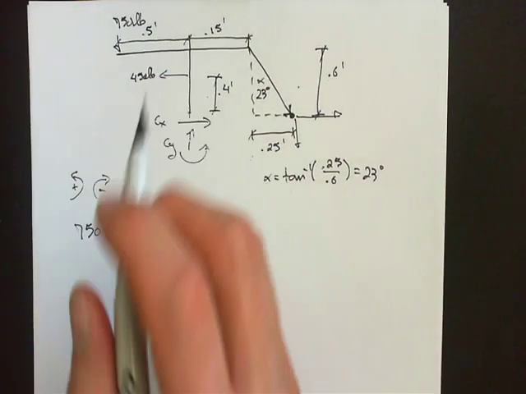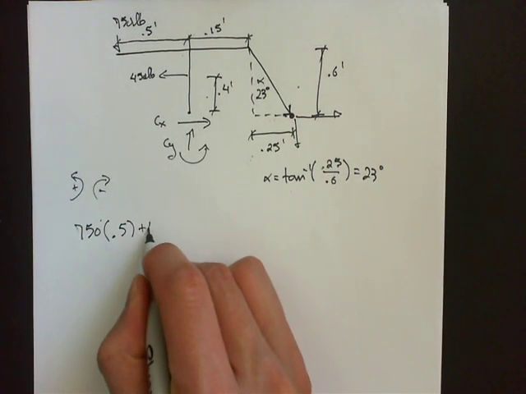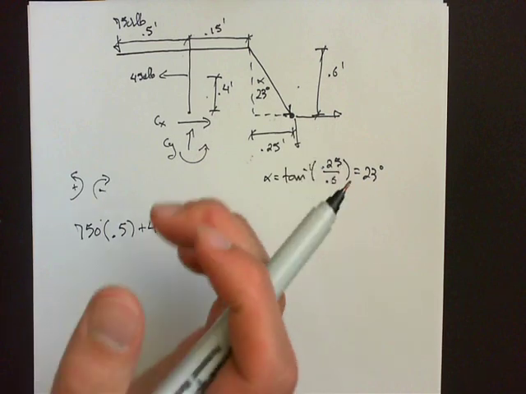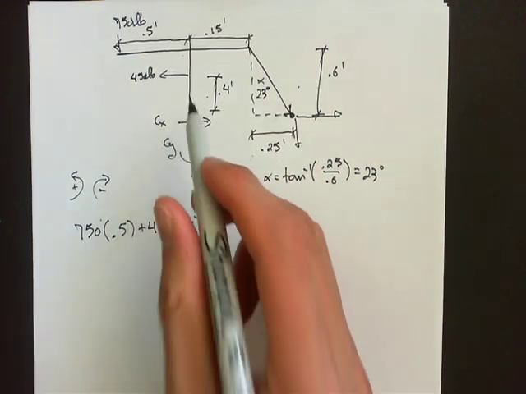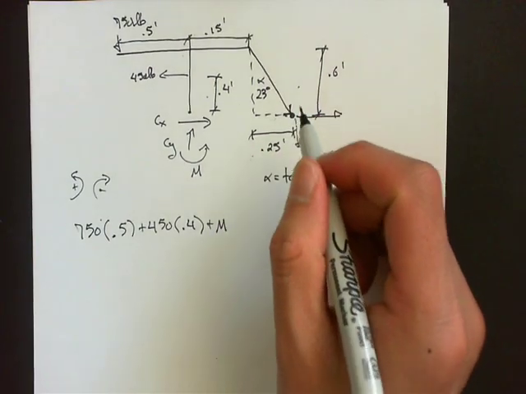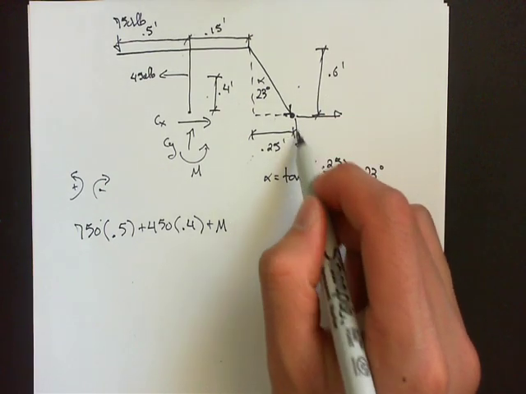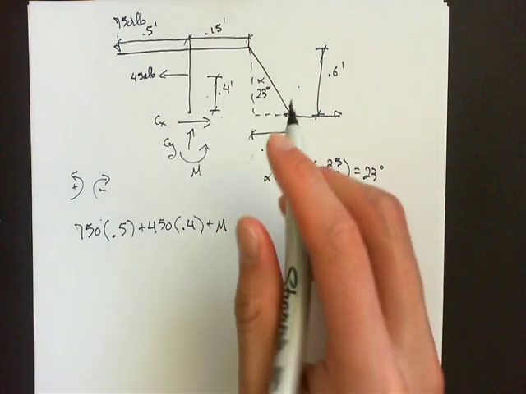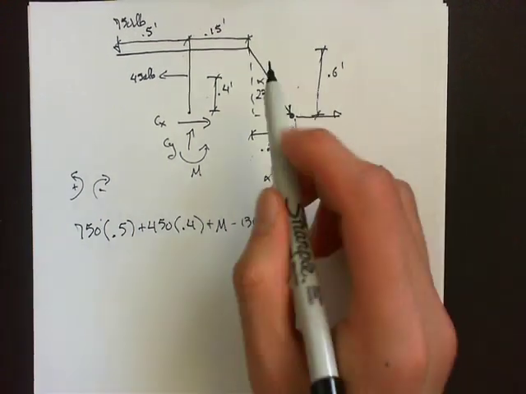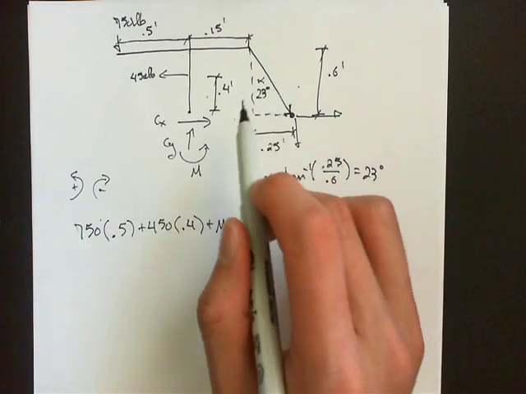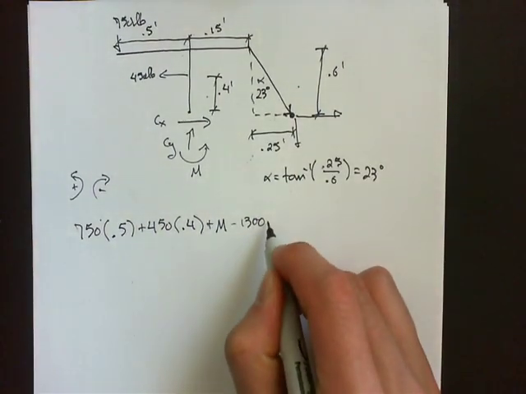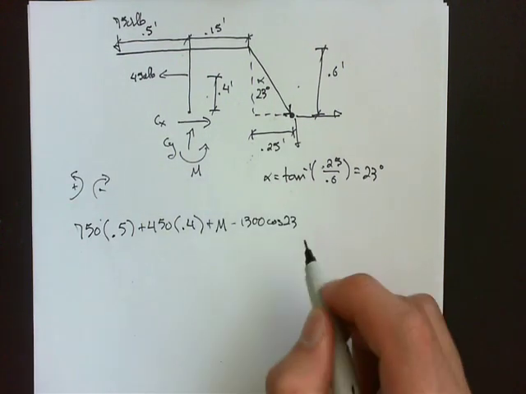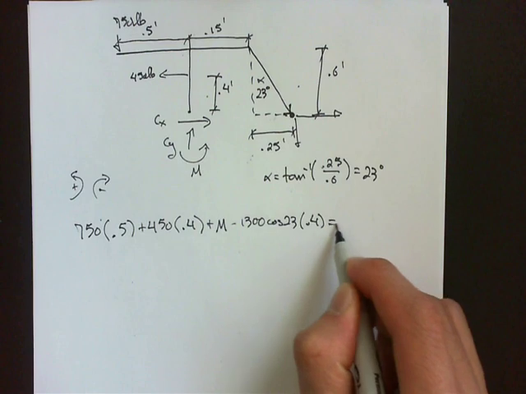And this force, it's counterclockwise, so it's positive, plus 450 times 0.4, plus this moment, which acts at C, plus M, and plus the moment caused by this force, which is negative because it's clockwise, minus 1,300 adjacent over hypotenuse because it's the y component of the tension, minus 1,300 cosine 23 times its moment arm, which is 0.25 plus 0.15, times 0.4, equals 0.